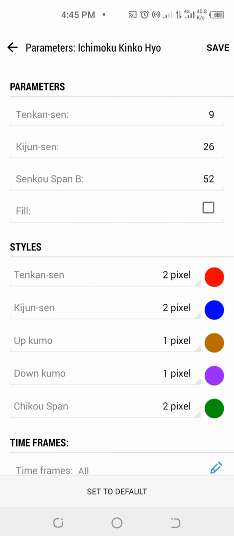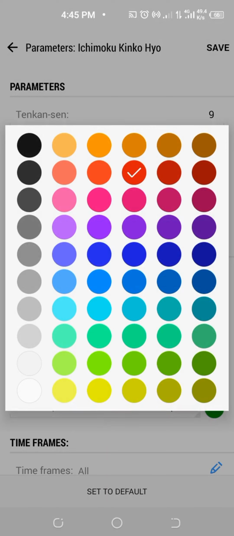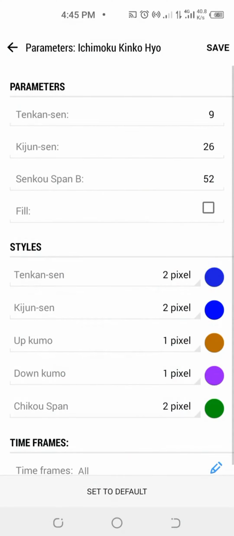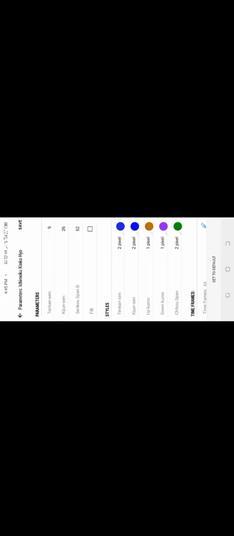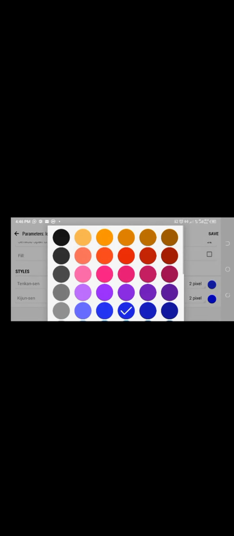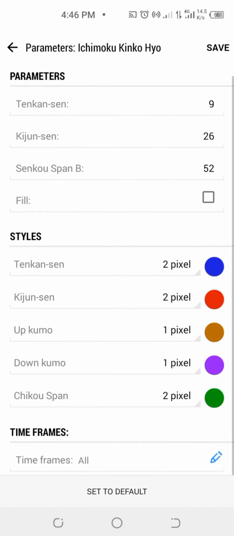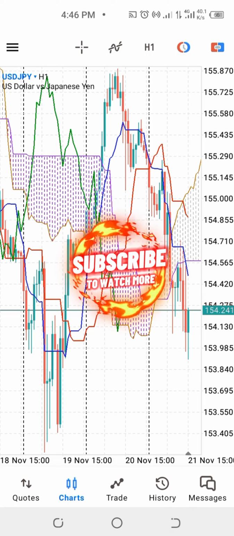So I'm going to change the Tenkan Sen to a blue color, while the Kijun Sen, I'm going to change to red. Then every other thing I would leave the same. Then I'll click on save and hopefully it's on the chart.